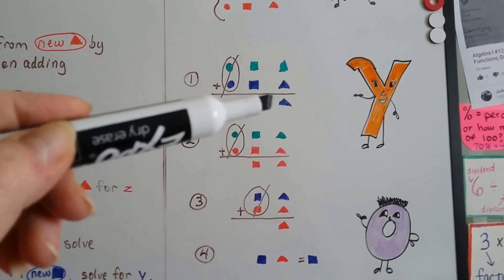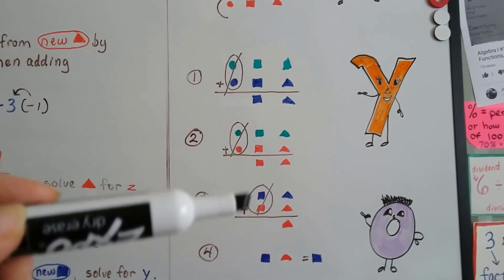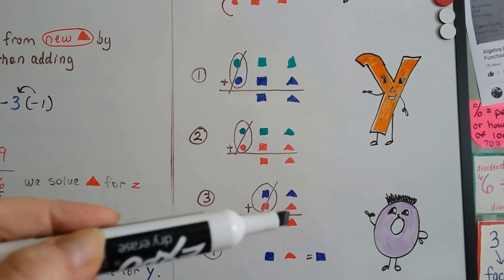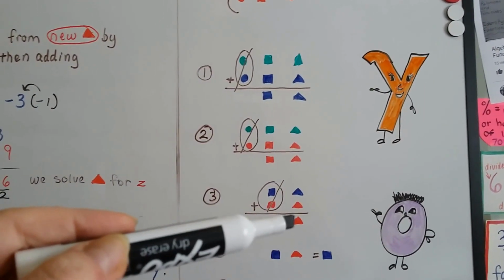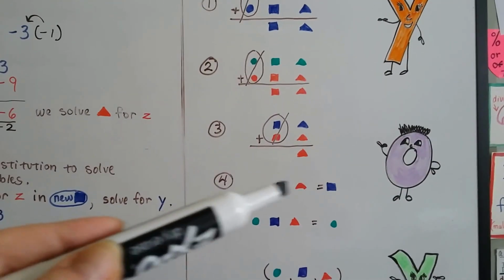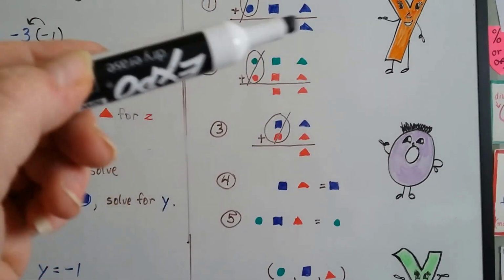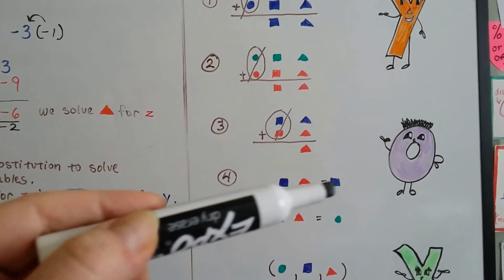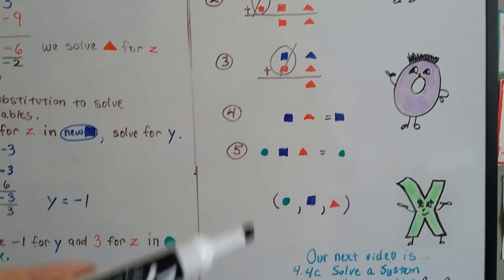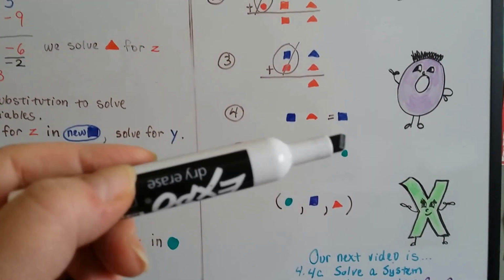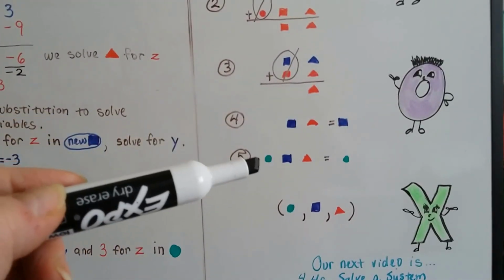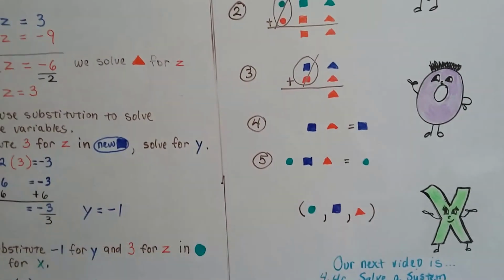Then we took the new version of the second and third equations and eliminated to find the last variable. We substituted that into that new second equation to find out what the second variable was. And we substituted these two values into the original first equation and got our ordered triple.